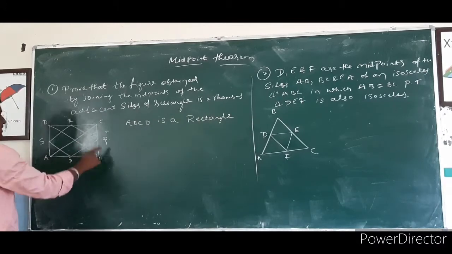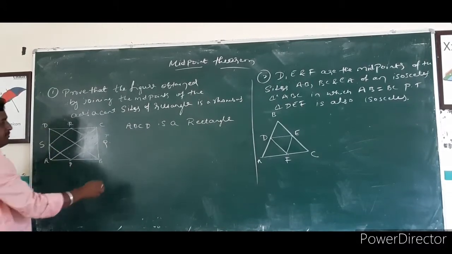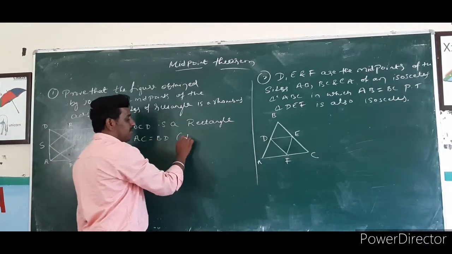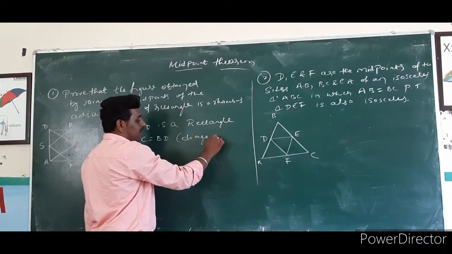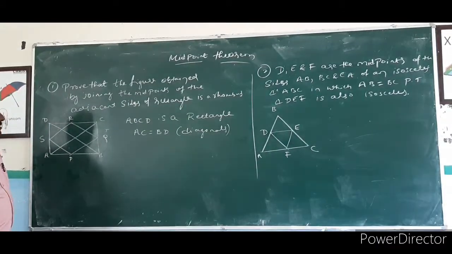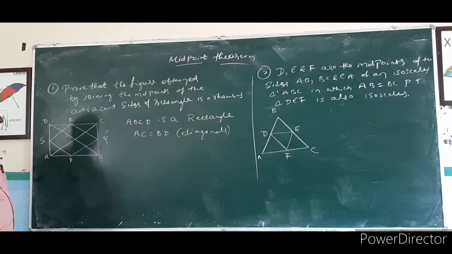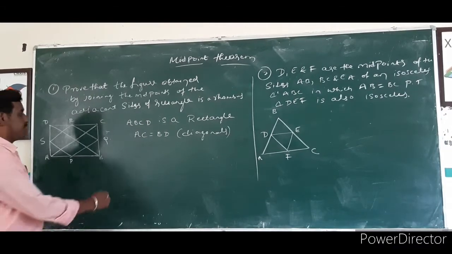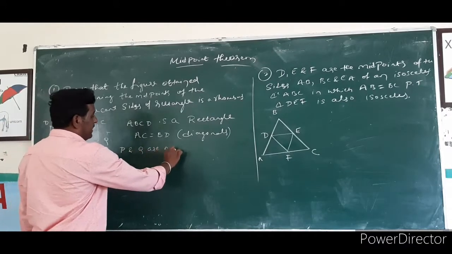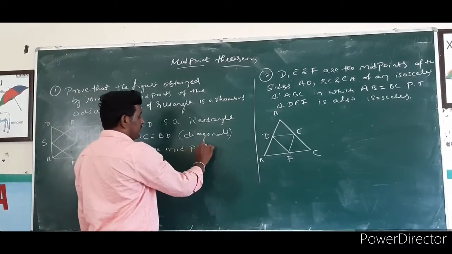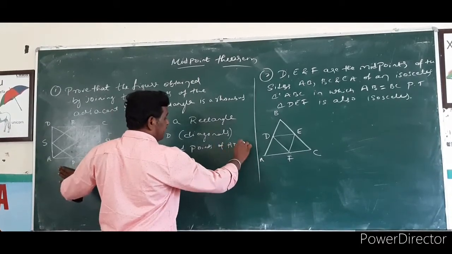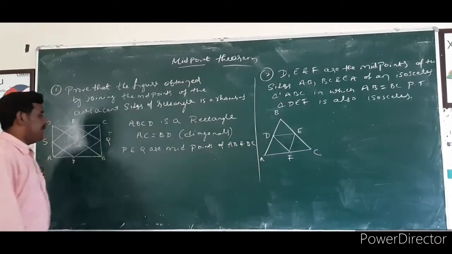ABCD is a rectangle means AC is equal to BD, because in a rectangle the diagonals are always equal. Now P and Q are midpoints of the AB side and BC side of the rectangle.